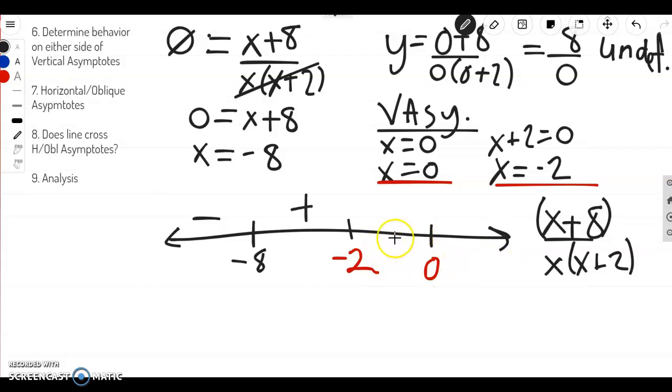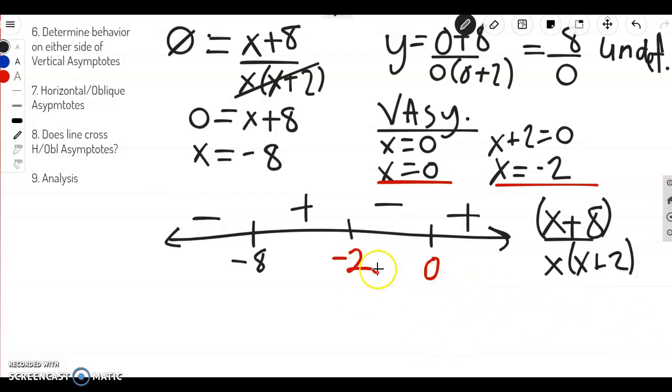If I take a value here, let's say negative 1, that would be positive, positive, negative, which is a negative value. And then if I take a positive value over here, like 7, plug in a 7, that's positive, positive, positive, 3 positives is a positive.